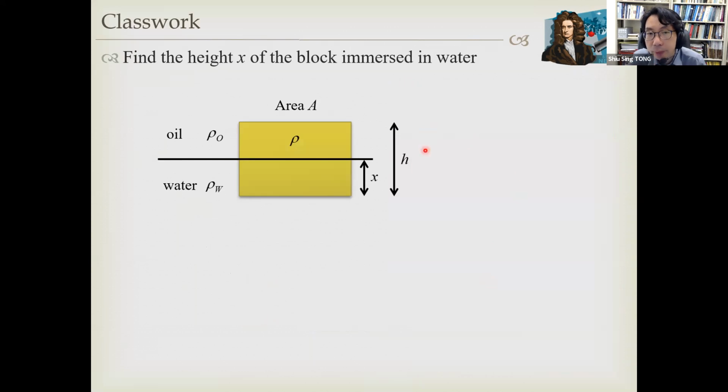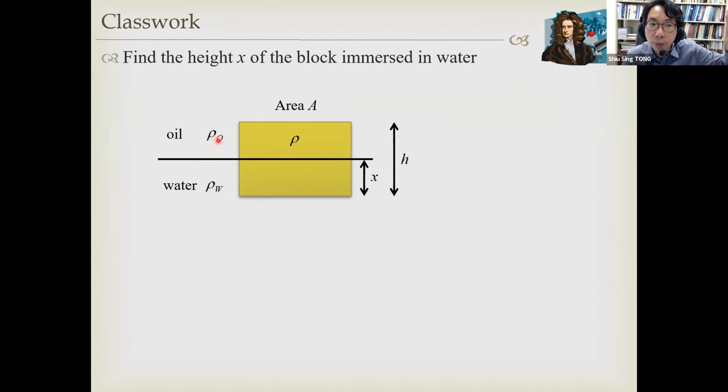Now, let me give you a problem. Suppose you have an object. For simplicity, I assume the object to have a uniform cross-sectional area of A, and the height of the object is H. The object is somehow found at rest at the interface of water and oil, okay? Oil has a smaller density than water, so it floats on top of water.